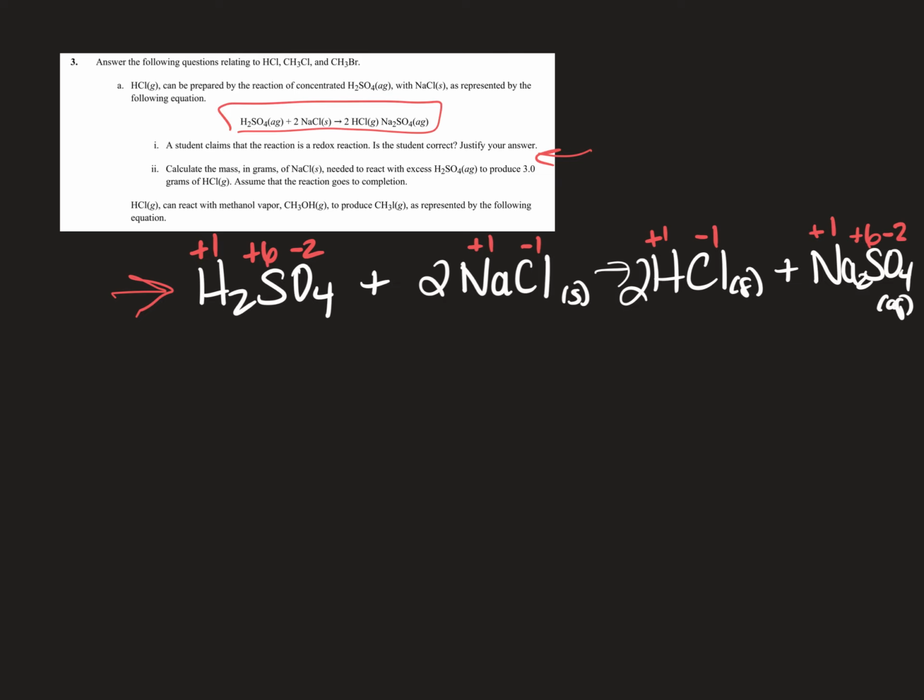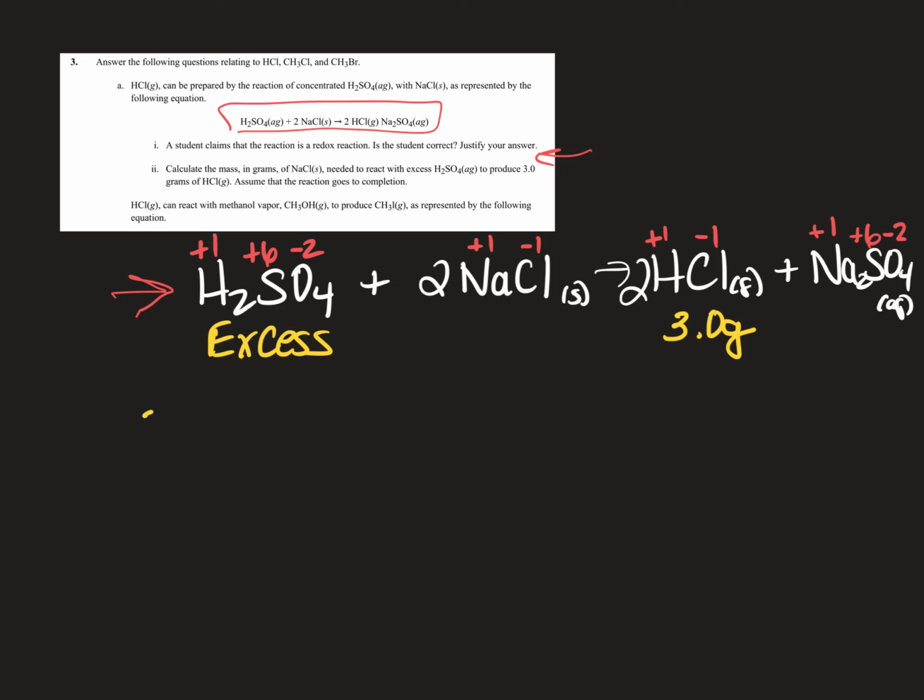Okay, question 2. Calculate the mass in grams of sodium chloride needed to react with an excess of sulfuric acid to produce 3 grams of HCl. Assume that the reaction goes to completion. So this is a straightforward reaction.